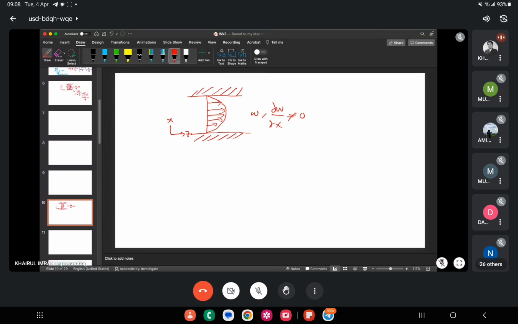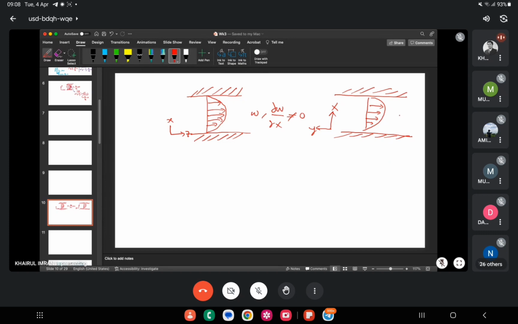Okay, next lagi. Let's say kalau dia ubah lagi. Katalah dia ubah macam ni. Masih lagi fixed plate. So this is X, this is Y for example.